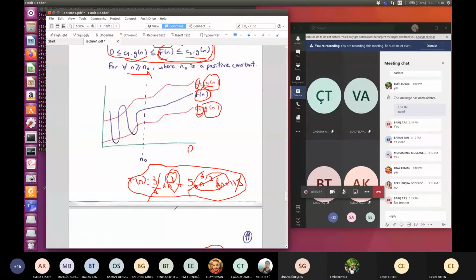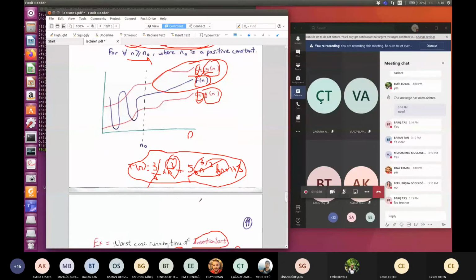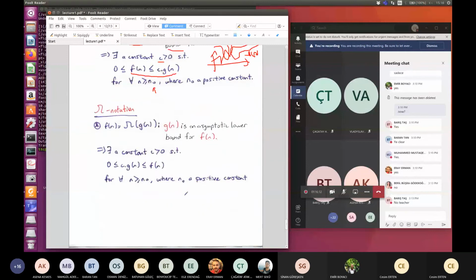Figuratively, we are basically seeing this part of the figure. f of n is upper bounded by some constant times g of n. And the omega notation is just the opposite. If we say that f of n is omega of g of n, or in other words, that g of n is an asymptotic lower bound for f of n, what we mean is that there exists a constant c such that f of n is greater than or equal to some constant times g of n.